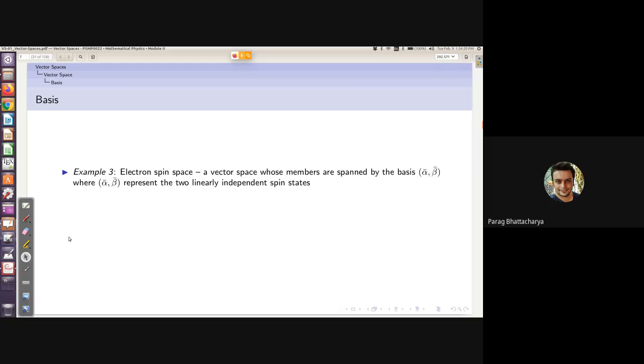Okay, so how many vectors are there in the basis? 2, sir. So what will be the dimension of this vector space? Sir, it will be 2. All you have to do is just count how many vectors are there in the basis, not elements. That will give you the dimension.